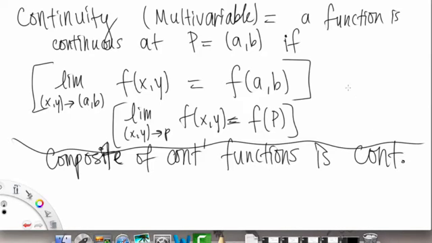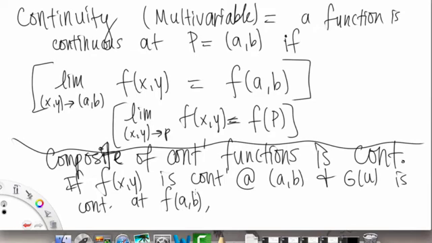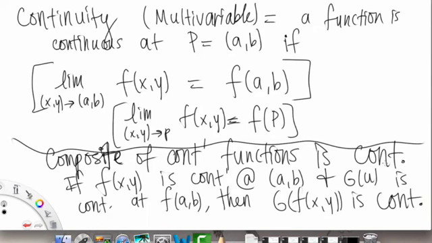Okay, so basically if we have some f(x,y) that is continuous at (a,b), this point (a,b), and g(u) is continuous at f(a,b), then g of f(x,y) is continuous, and more importantly, at (a,b), at the point (a,b).